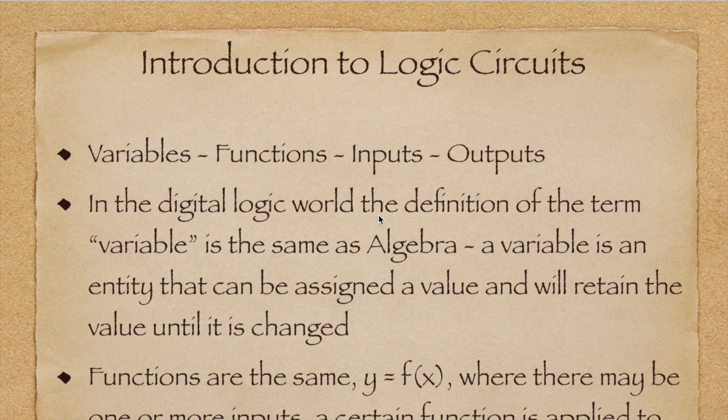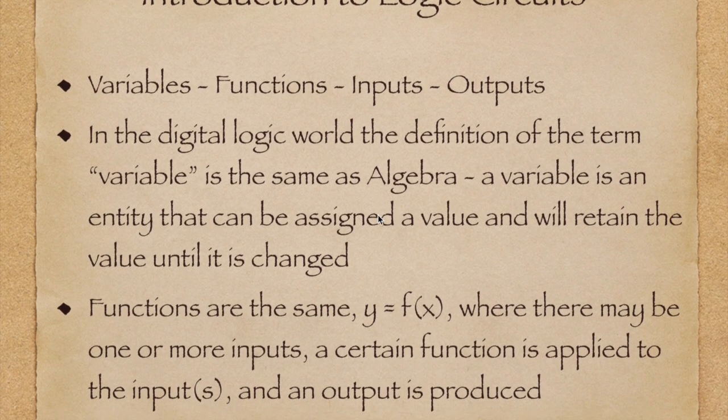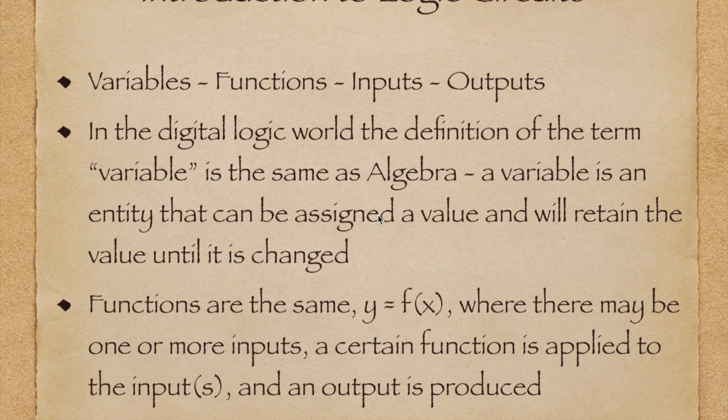So what we've seen is that we're now talking about combinational logic. And in our combinational logic, we are talking about variables, functions, inputs and outputs. The variable is just like it is in algebra. The difference is our data type for now is just bits, so they're all 1-bit entities for the most part.